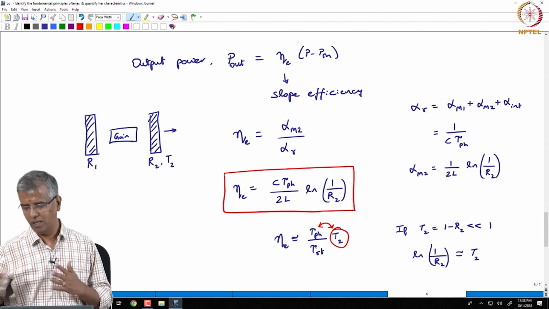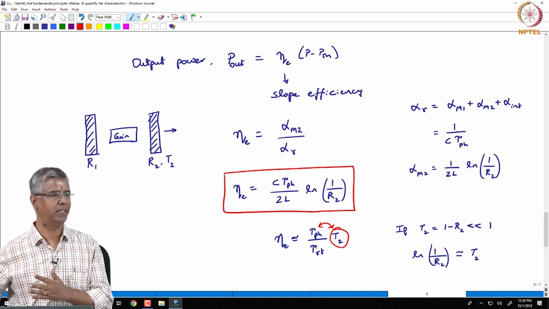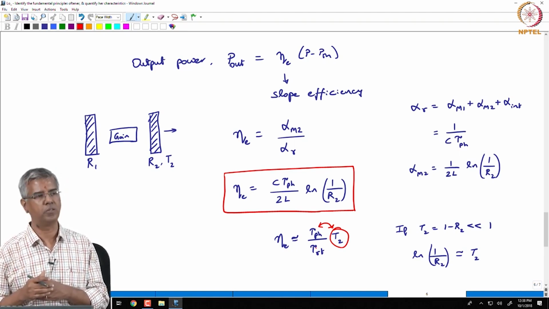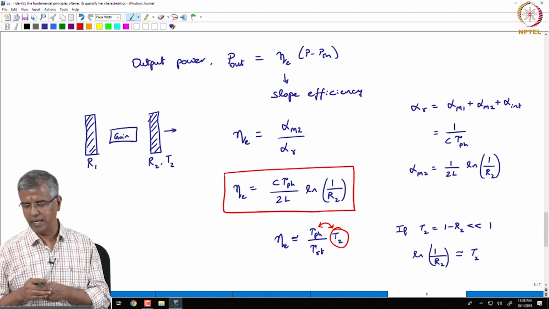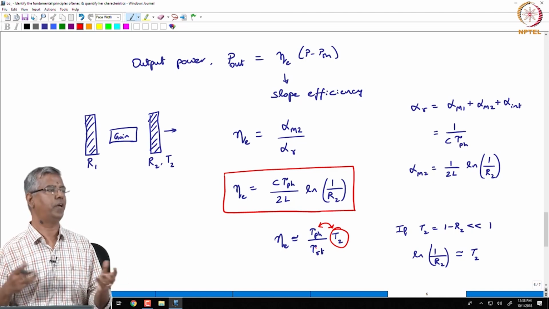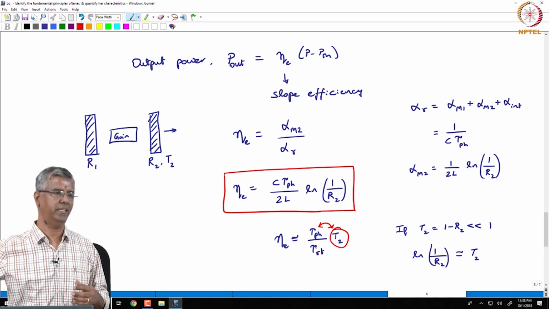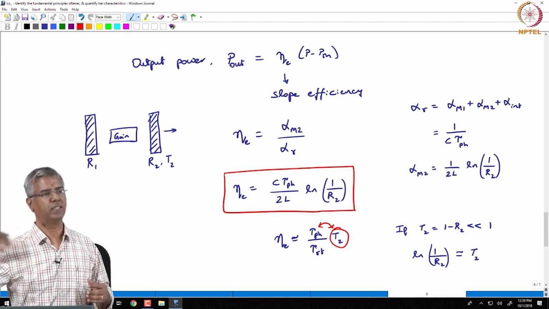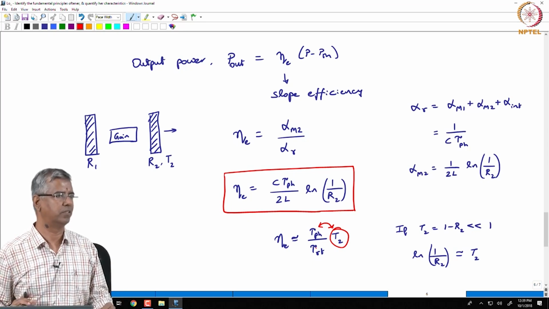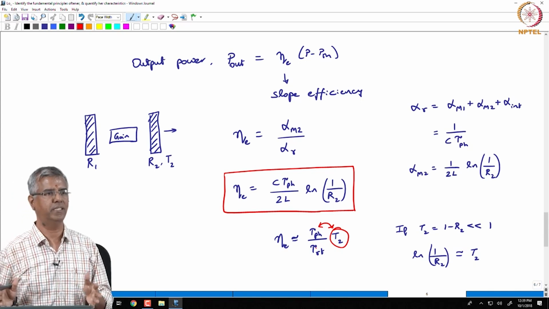If you go for very high extraction, a very high value of transmission for mirror 2, then you have very high loss. If you have very high loss, not only is your threshold going to be higher, but the buildup is also not very good. So, do you understand the contradiction?